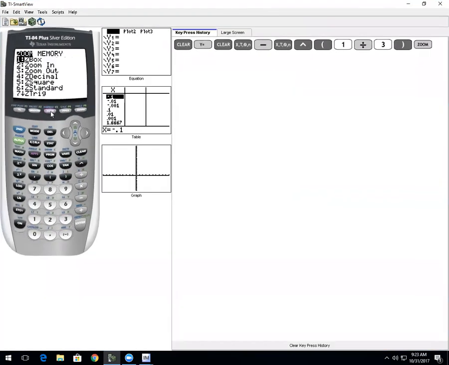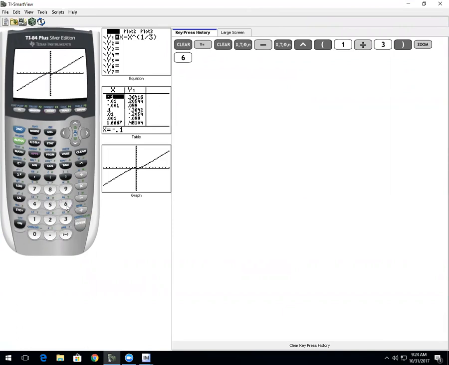So I'm going to go zoom, and number 6, zoom standard sets it back to the default -10 to 10. That's what the graph looks like from -10 to 10 on both the x and y axes. What interval are we really concerned about? 0 to 1? The function has to be continuous on the closed interval and differentiable on the open interval from 0 to 1. So I'm just going to zoom in on that.